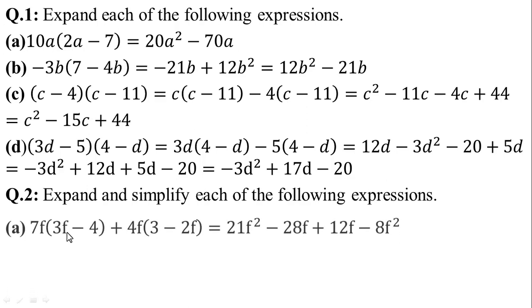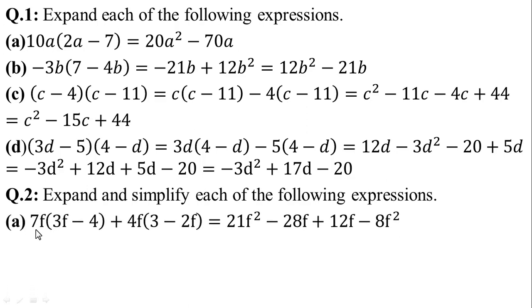In the A part, 7f into 3f minus 4 plus 4f into 3 minus 2f. First of all, 7 threes are 21. So we write that 21f square minus 7 fours are 28f, plus 3 fours are 12.